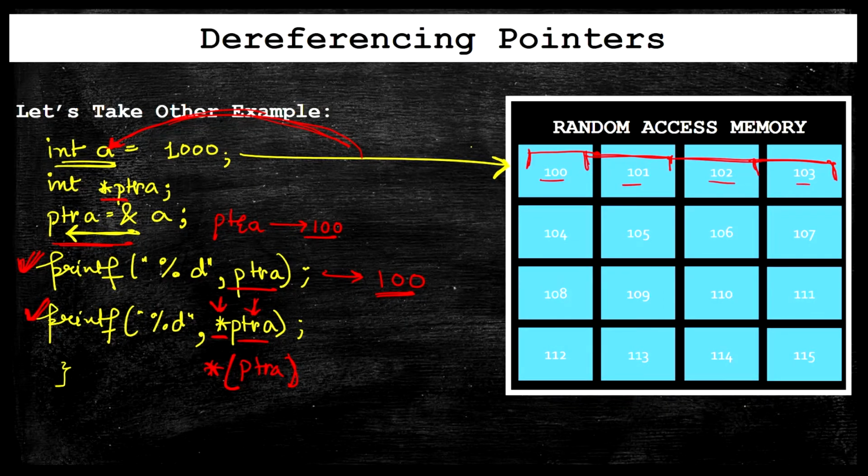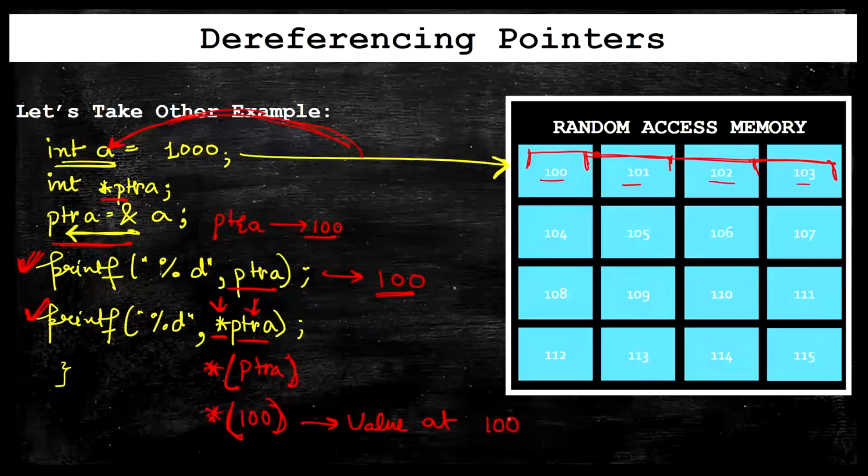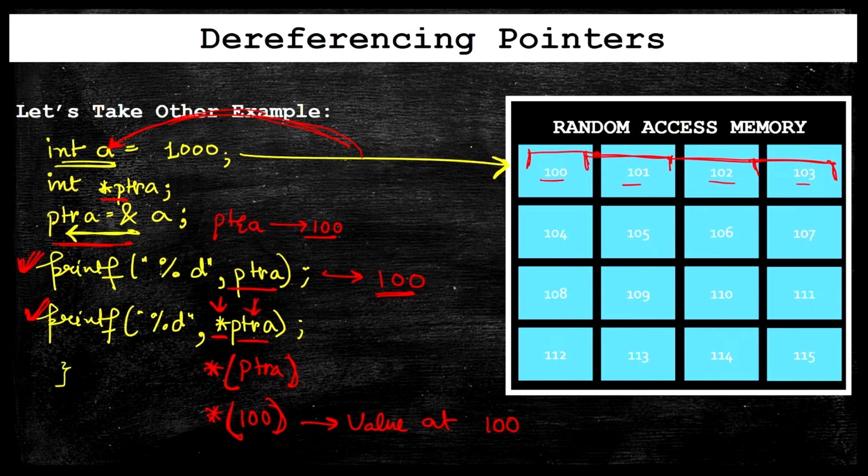Now what does ptr_a have? ptr_a has 100. So *100 means value at 100. So what is the value at 100? Value at 100 is 1000. That is this one.